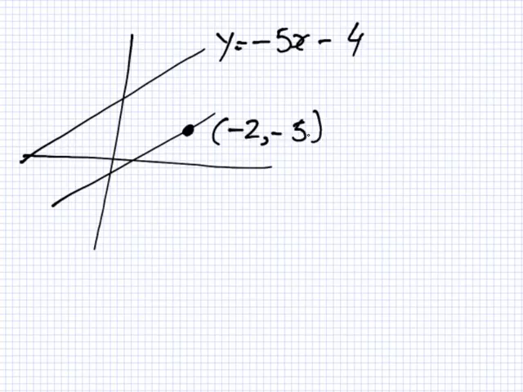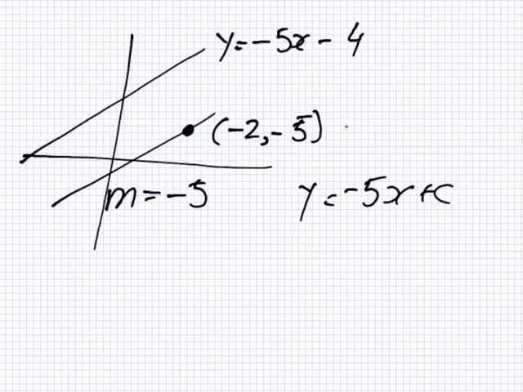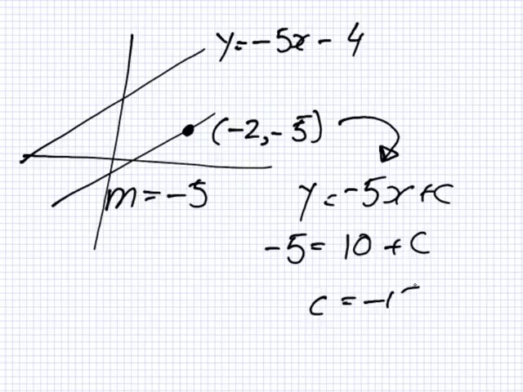Okay, so what's the m here? Minus 5. Very good. So you have y equals minus 5x plus c. I can put this in, and I get minus 5 equals 10 plus c. So c equals... Yeah, y equals minus 5x minus 15.